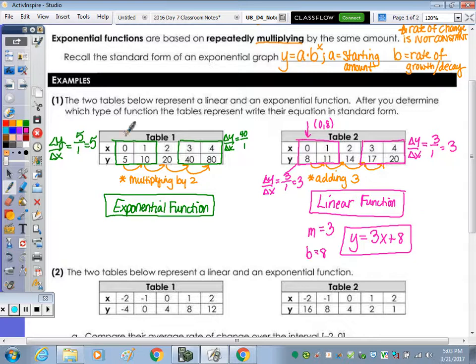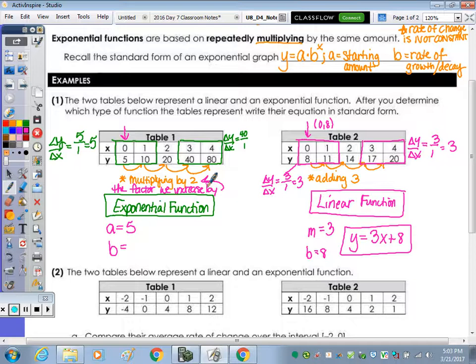So over here, looking at our starting value or y-intercept, we have an a value of 5. And our b, our rate, or this time, repeatedly multiplying, or the factor that we increase by is 2.